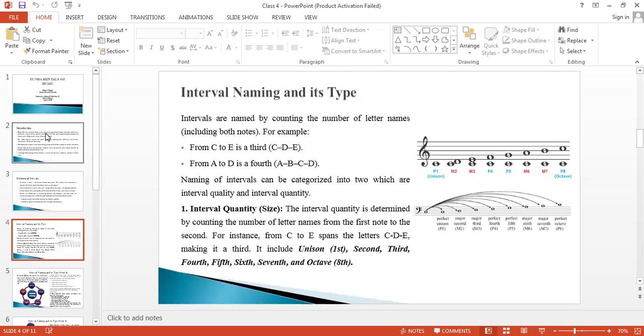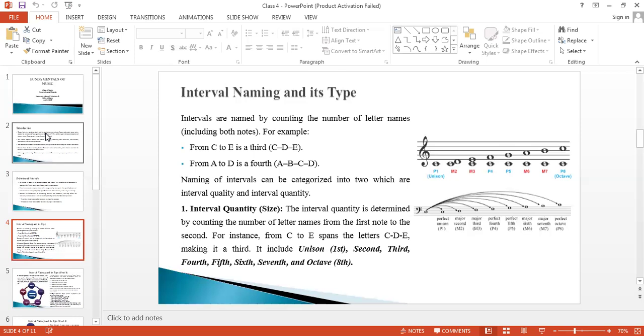Interval quantity, talking about the size, is determined by counting the numbers of letter names from the first note to the second. For instance, from C to E spans the letters C, D, E, making it a third.